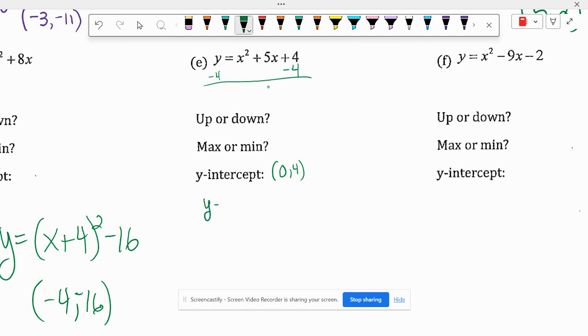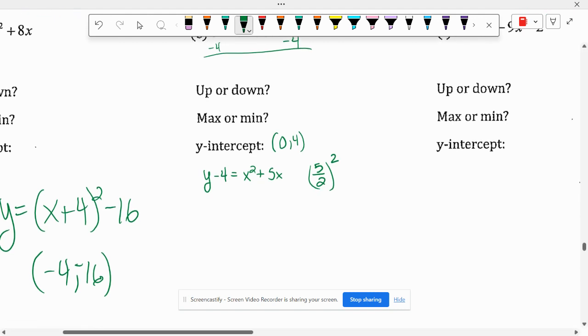So I really have y minus 4 equals x squared plus 5x. 5 is my B term, so I have to take 5 divided by 2 and square it. What is 5 divided by 2, squared? Well, 5 times 5 is 25, and 2 times 2 is 4. So this really is (x plus 5/2) quantity squared.